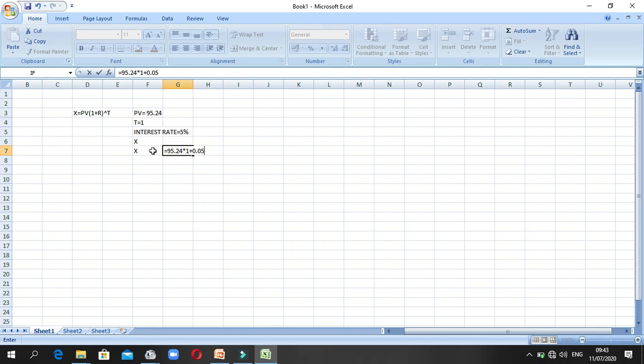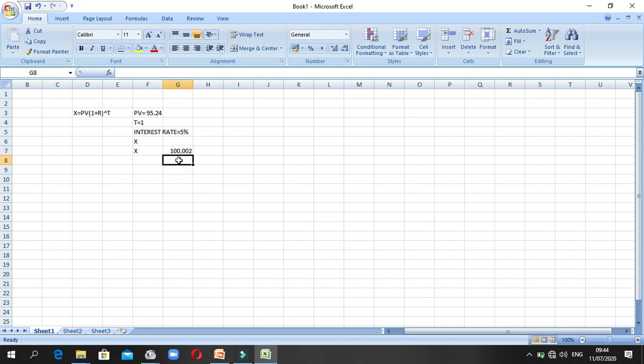When you raise it to the power 1, that is where we get this value of 100 as the future value.